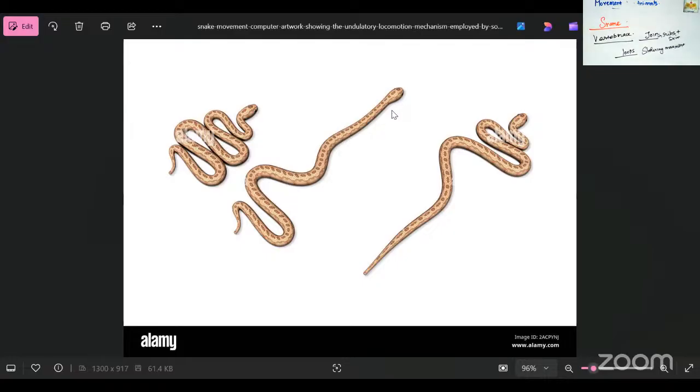The snake makes many loops on its sides, and the forward push of the loops against the surface makes the snake move forward. So it is called slithering movement.